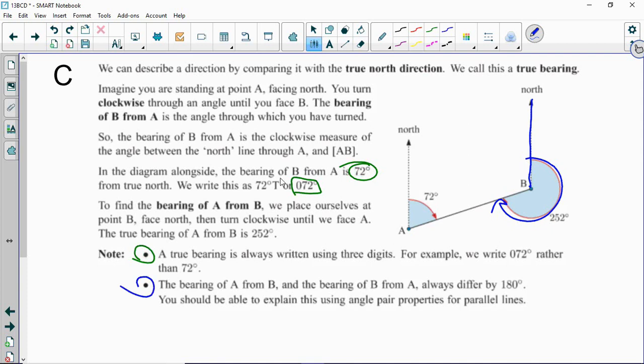And you could think about that since the lines going up to north are both parallel. That means that 72 and this angle here are going to be same side interior angles, so they need to add up to 180 degrees. So that's going to make this one here 108, which means if we subtract the 108 from 360, we're going to get 252.